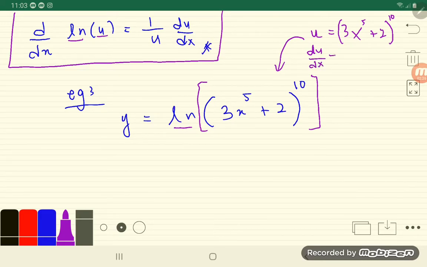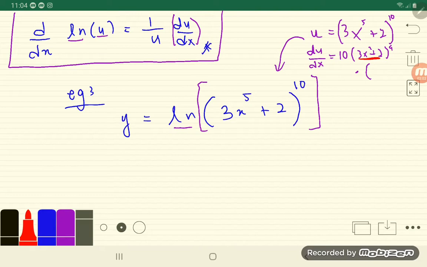So in order for us to differentiate the function, we are supposed to get here du over dx, where we can replace the value after this. In this case, we are going to use the chain rule formula, where we are supposed to get 10 multiplied by (3x to the power of 5 plus 2) to the power of 9. Then don't forget to multiply it with the differentiation of this value.